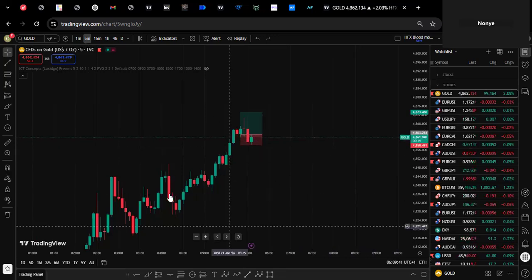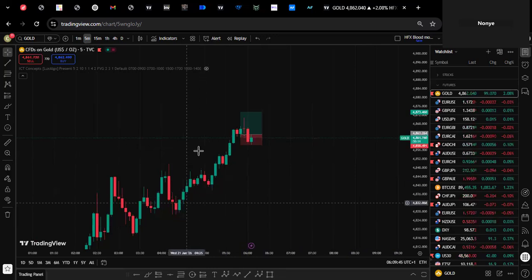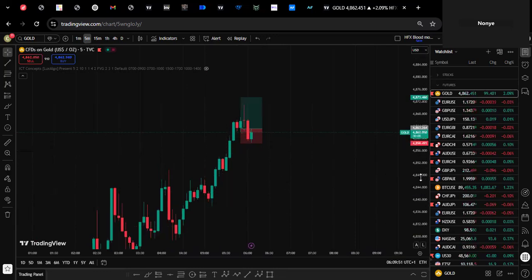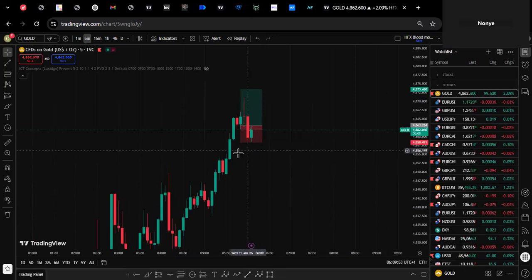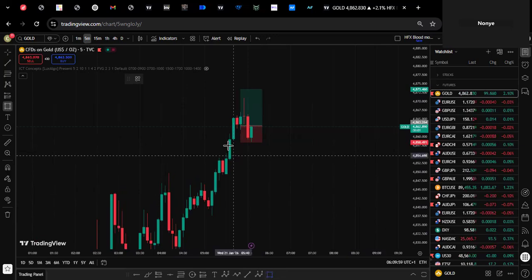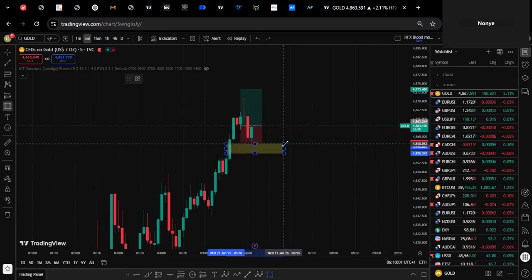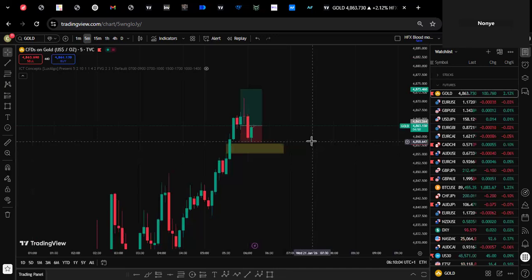And there are so many key factors to look at, starting with gaps. First things first is to understand gaps. And when I say gaps, I mean areas like this. These are the gaps.